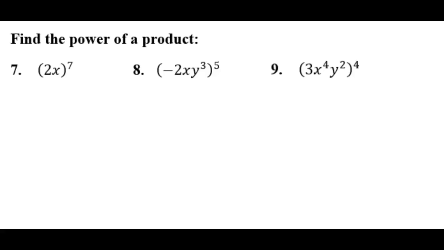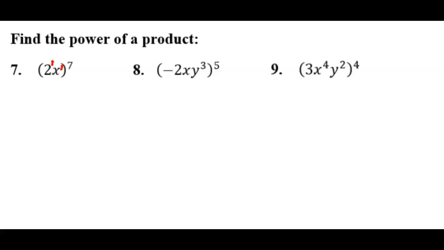For the first one, what's my exponent on my 2? 1. What's my exponent on my x? 1. So now when I apply my rule, we have 2 different rules here.